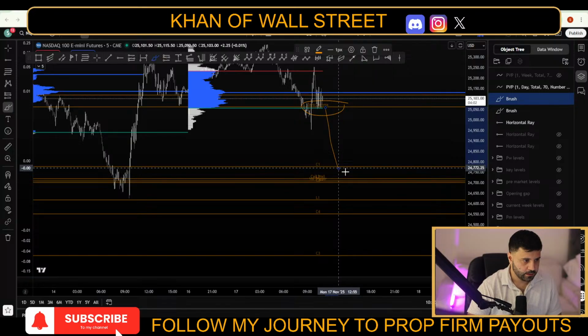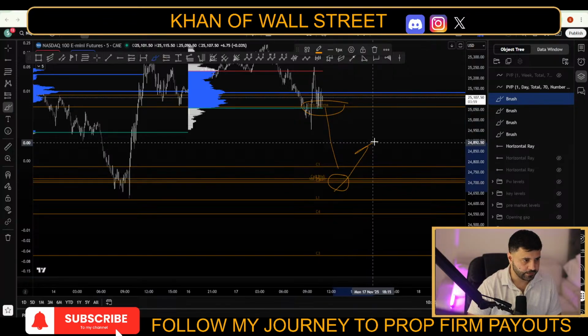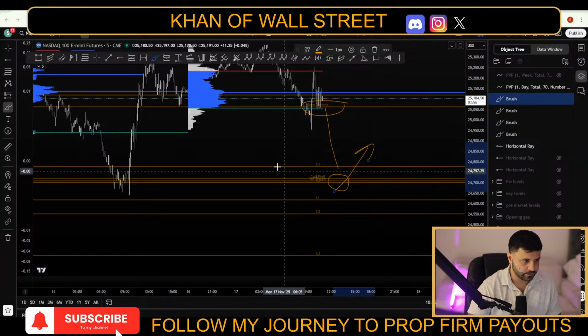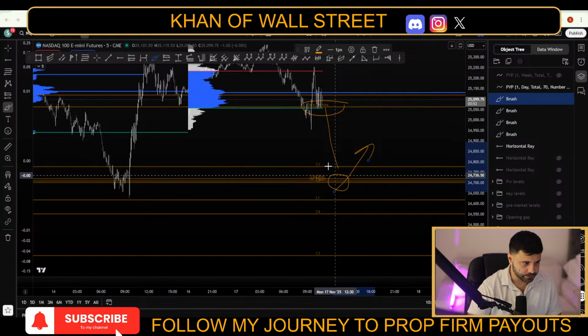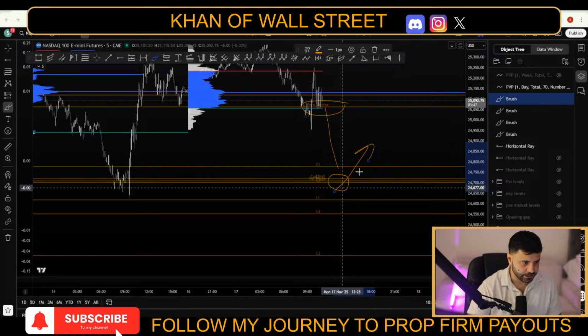But what happens is you get violent V-shaped reversals, because once those 0 DTE options are in the money, those traders will cash in and close those positions.